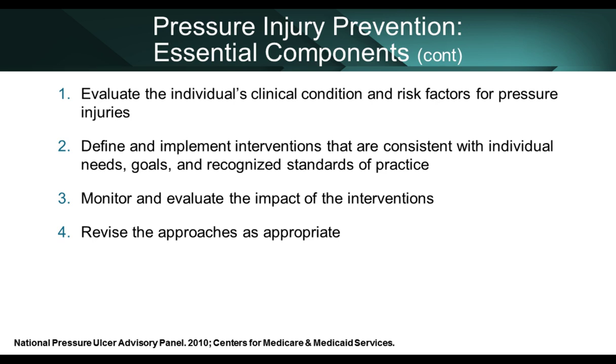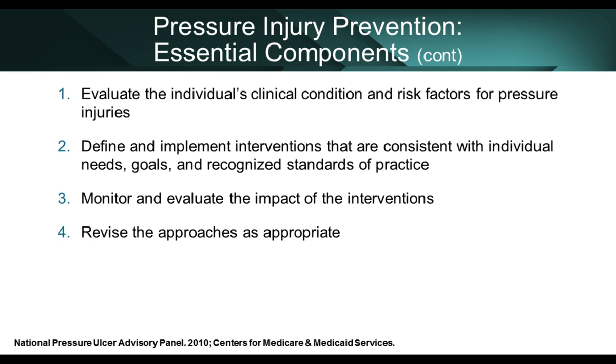Staying on the thought of essential components, CMS and the NPUAP and also WOC have identified these essential components, and they actually used these components when they were defining, specifically CMS and then NPUAP, avoidable versus unavoidable pressure injuries.